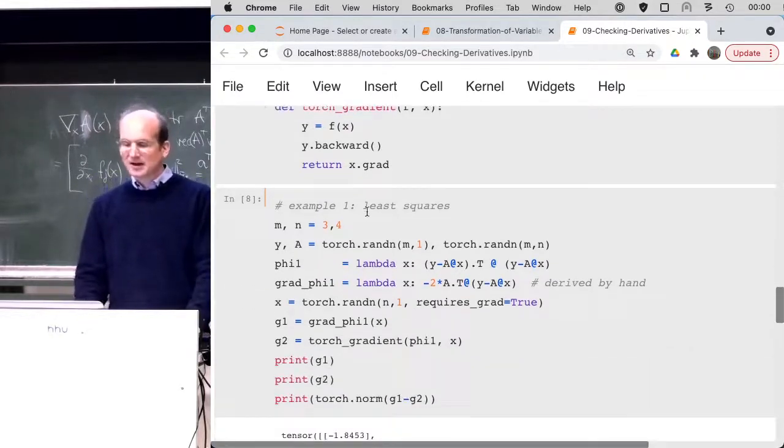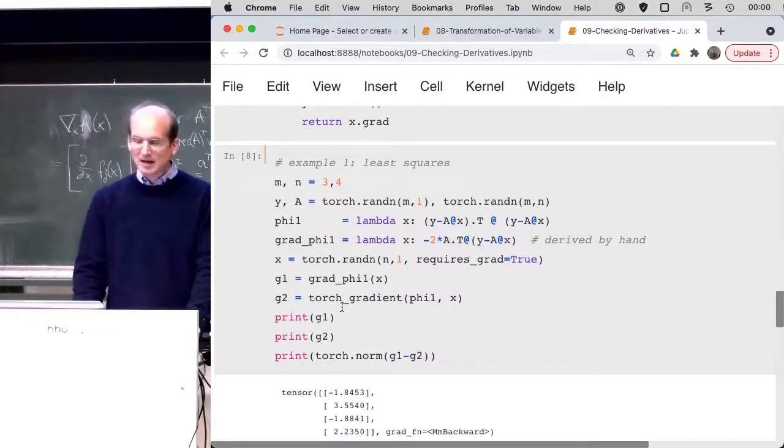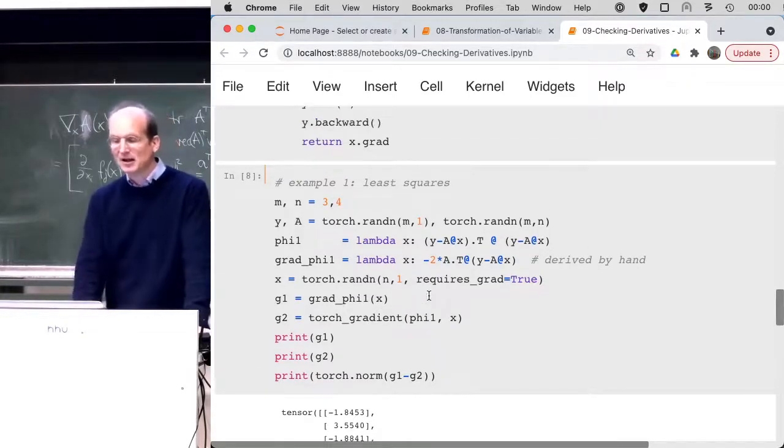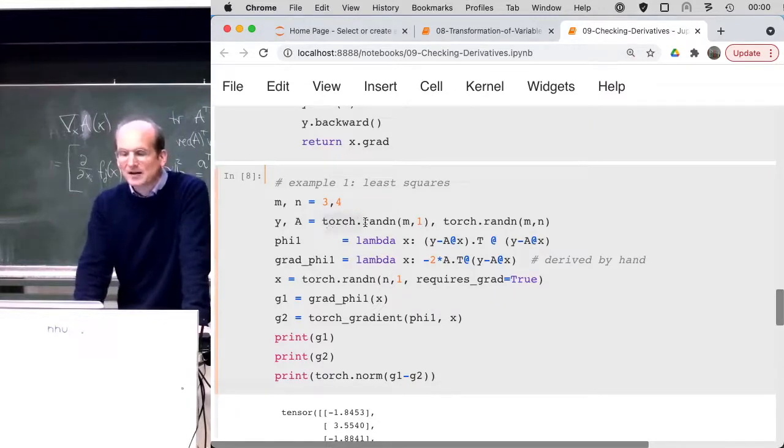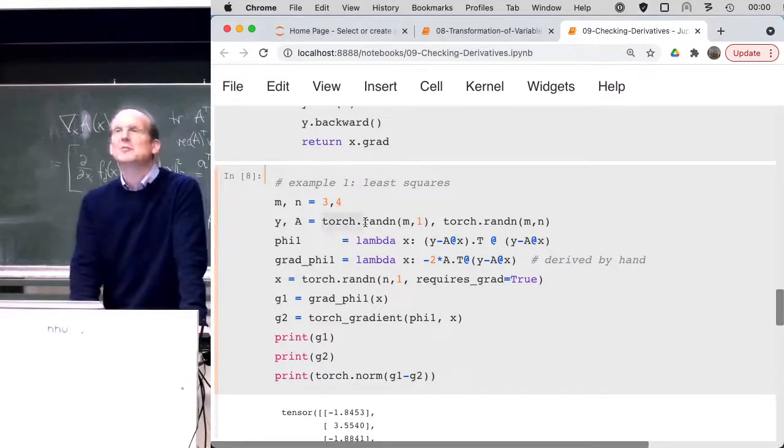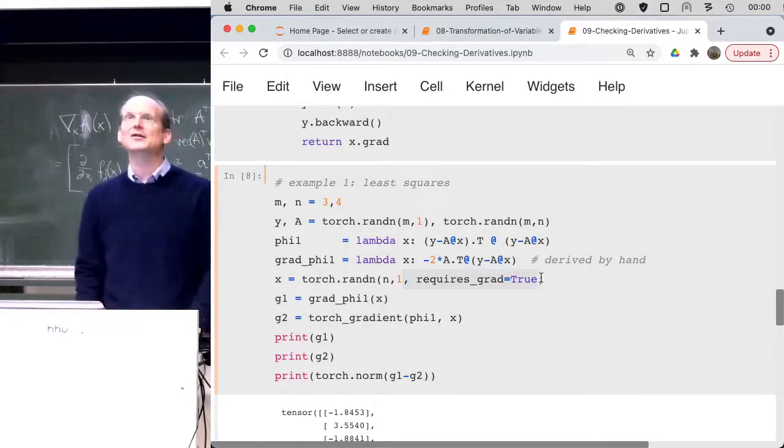So here comes again the least squares problem, and here I'm comparing the output of my implementation and the gradient that I receive from PyTorch. So that's a nice thing. However, in the implementation you need to be a bit careful. For the variable x, I need to use the torch randn function, and I need to tell it that it requires the gradient. So there are some things that you need to adjust.